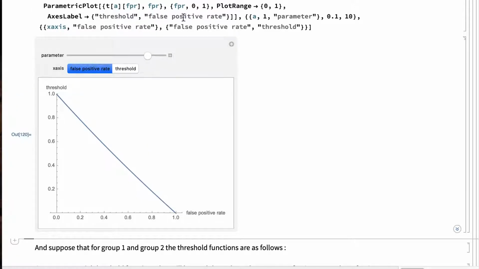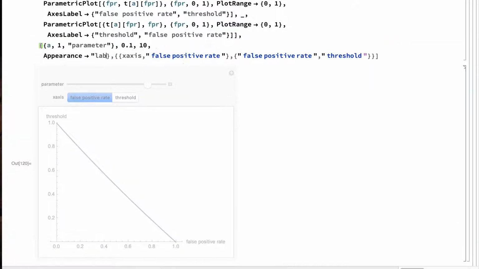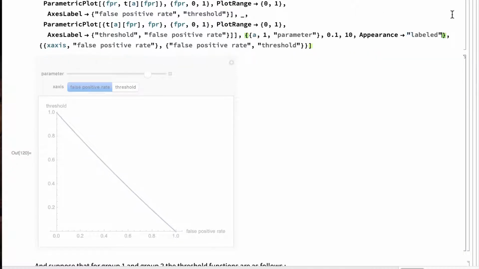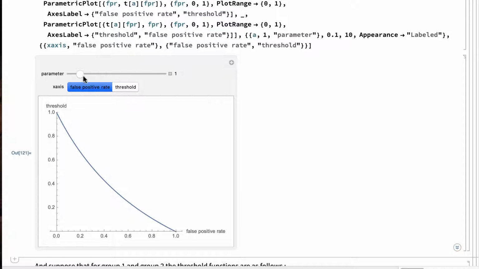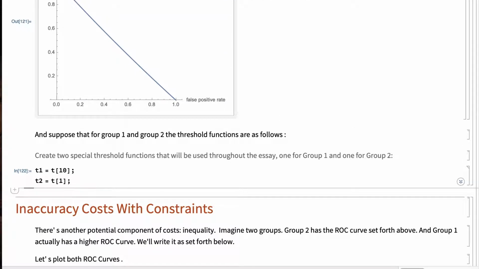And once again, I think we would benefit from an appearance-goes-to-labeled addition to the manipulate. All right, so I happen to have nailed it. Here's what it looks like for group 2, and here's what it looks like for group 1. Okay, so we've done that.